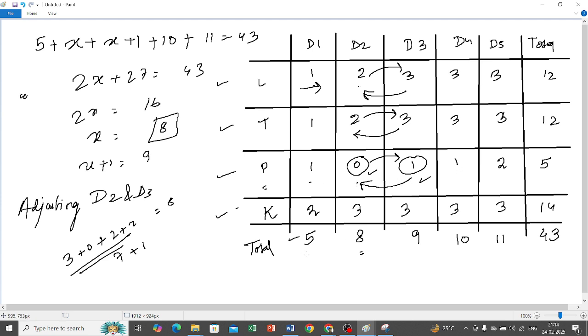It has been given that this total value should be in increasing order, which is 5, 8, 9, 10, 11. See, this is in increasing order. The total number of cases in a day should be in increasing order, but each of the cases in the day need not be in increasing order. Even if it isn't, it will work.